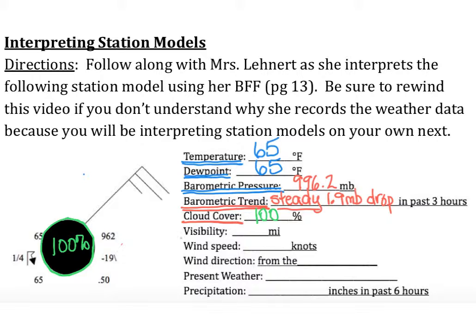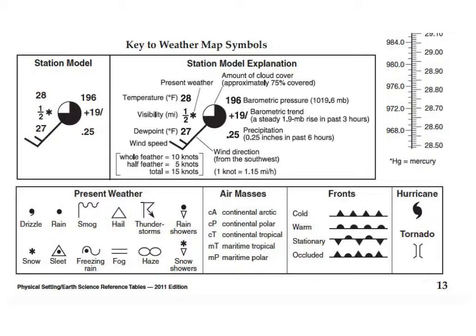Next up, visibility. Visibility is on the right-hand side, right here. The visibility tells us how far you can see in terms of miles. And this is really helpful for people who are flying planes or who are driving.